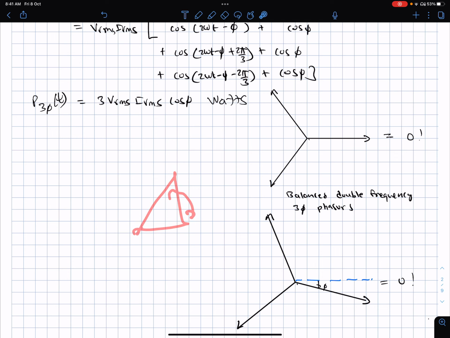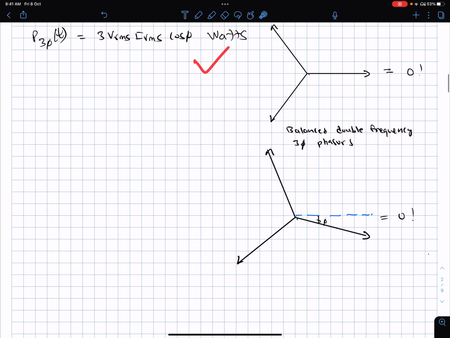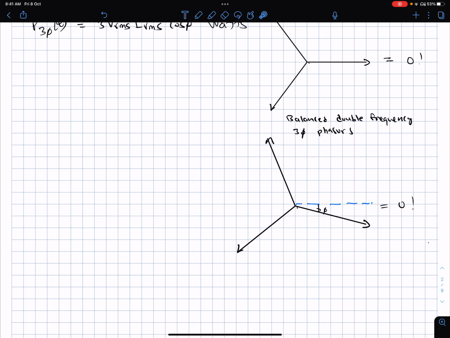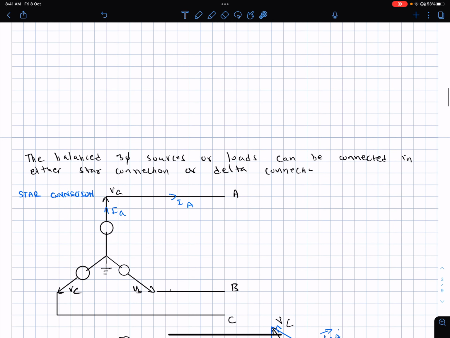Now this whole triangle has just rotated by some 5 degrees, but it still remains an equilateral triangle. So therefore, this phi is really not a worry for us. So the instantaneous power becomes constant. This three-phase instantaneous power in a balanced system is constant, and that is the primary motivation for going for a three-phase system.